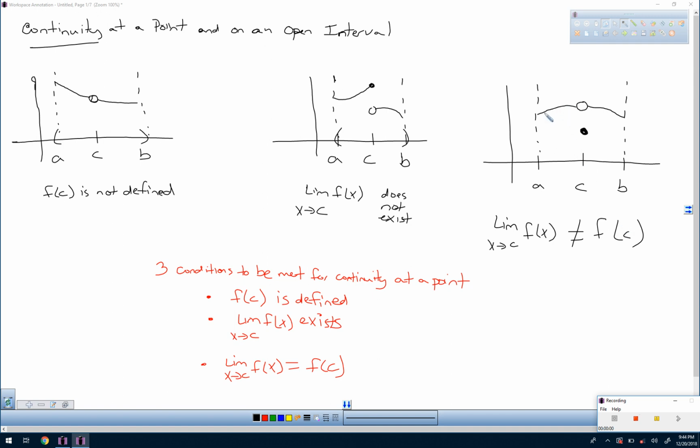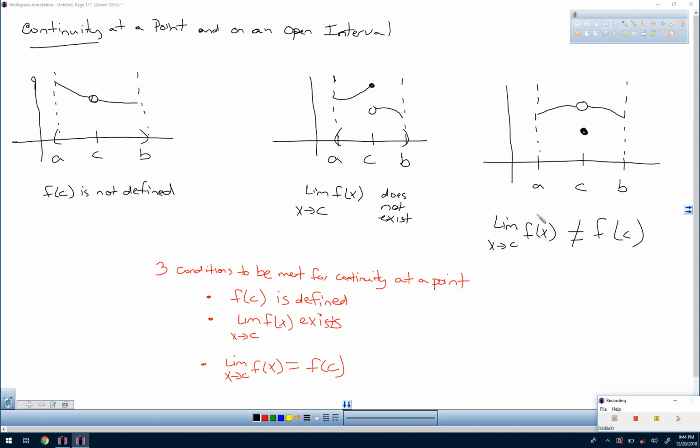Even more so, the limit as you approach c of your function exists because if you notice, it's approaching the same thing on the left and the right. But however, you can clearly see this is not continuous. The reason is because the limit, even though it does exist, and the function is defined, even though it is defined, they aren't the same thing.